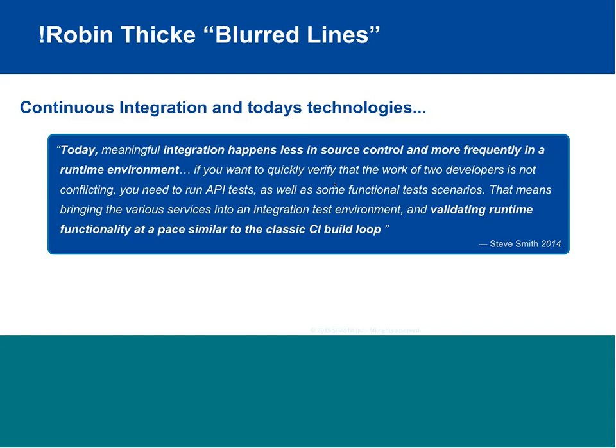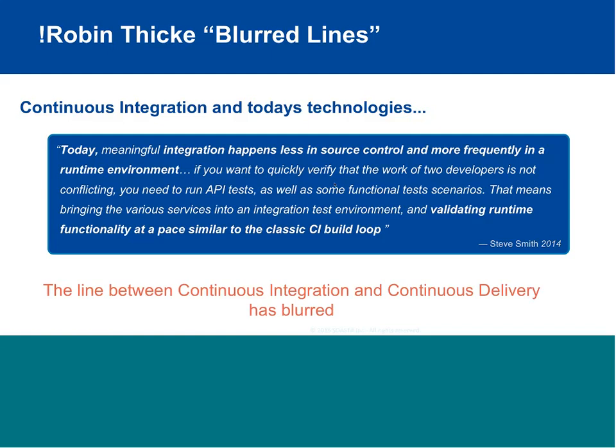And what this means is we need to shift to a place where we're bringing various services together in an integration test environment and validating runtime functionality, but we need to be able to do that as a non-event at a pace that supports the classic short CI build loop. So to repeat, the line between continuous integration and continuous delivery has blurred, and really if you're doing true and robust continuous integration, more often than not, you're embarking on a continuous delivery journey.